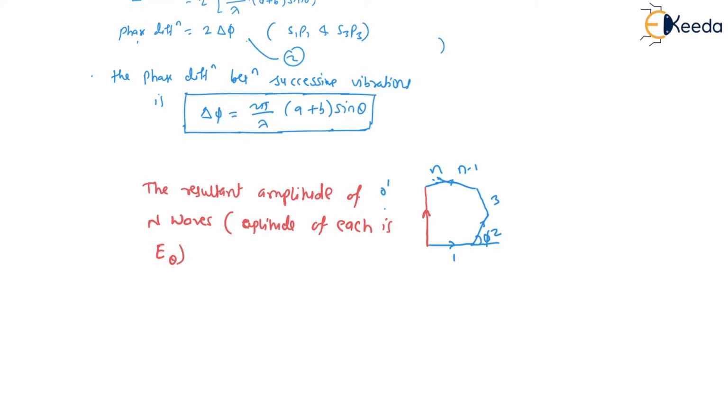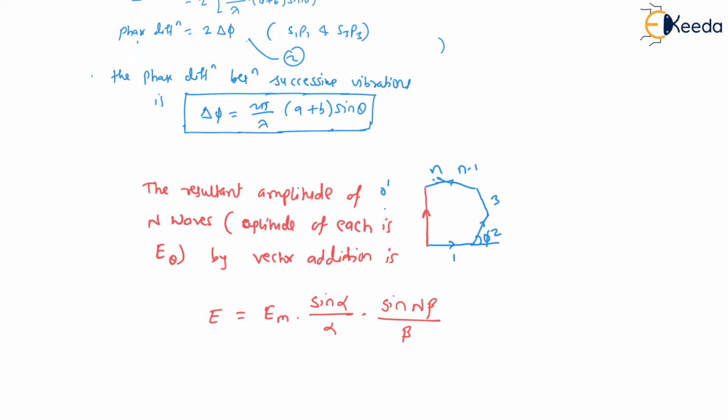The resultant amplitude of n waves by vector addition is, the value is, I'll write, E is equal to Em into sin alpha by alpha into sin n beta divided by beta.